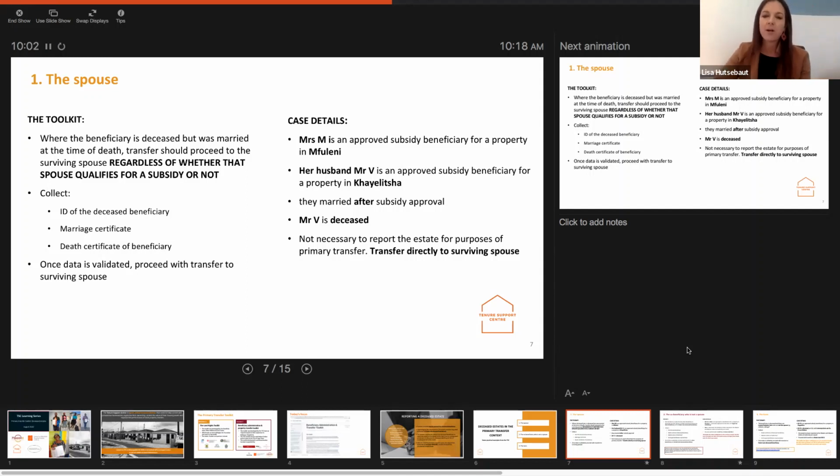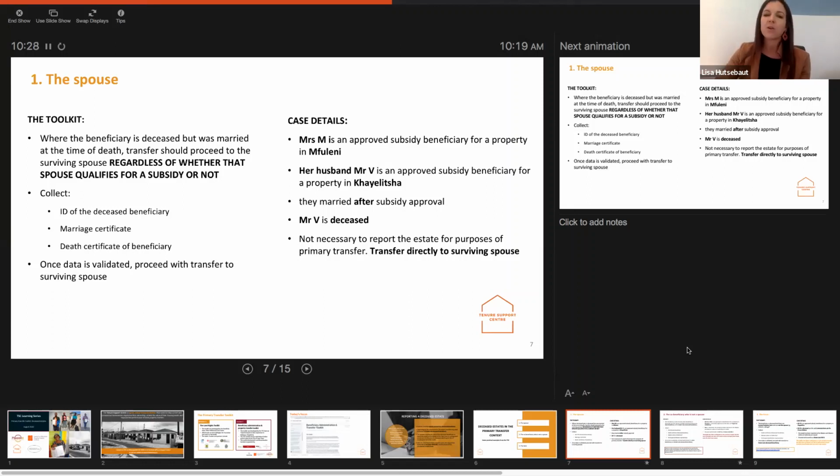So Mr. V then passed away, and basically our process suggests, well, had they been married at the time, or had the state been able to pass transfer timeously, they would have passed transfer to Mr. V before he passed away. And then his wife, as the surviving spouse, would be entitled to that property by virtue of that marriage after his death.